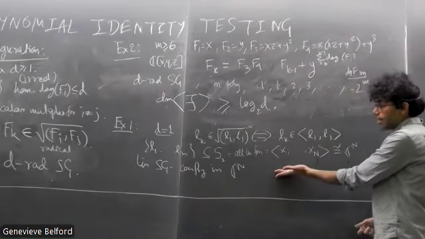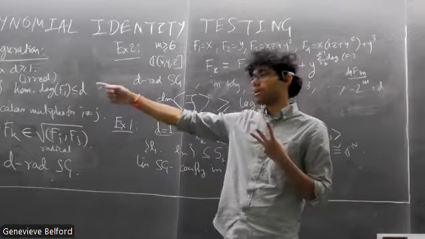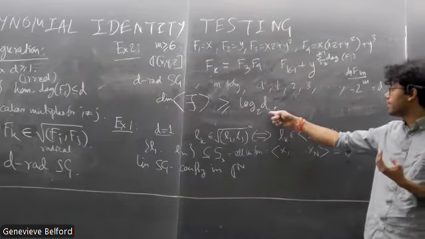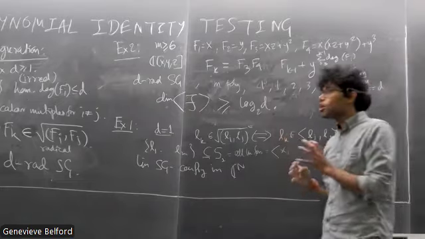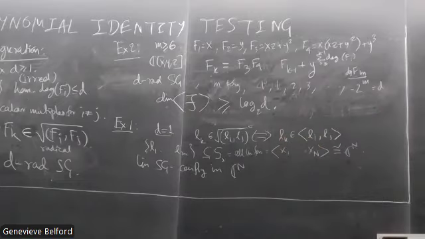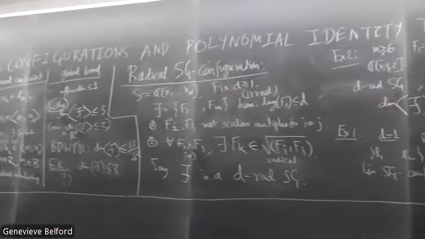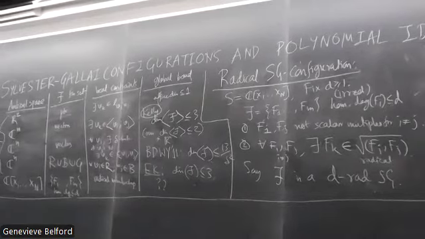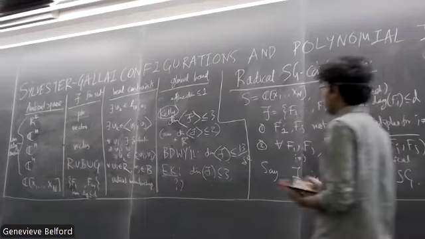In the degree 1 case, we got a constant bound, that the dimension is at most 3, by the classical theorem. But in higher degree, I have an example where the dimension of the span is at least log D. So whatever global bound we require must depend on D. It cannot be independent of D. And that is exactly our theorem, that this result generalizes to these radical Sylvester-Gallai configurations.